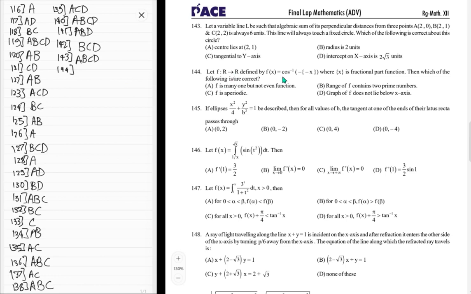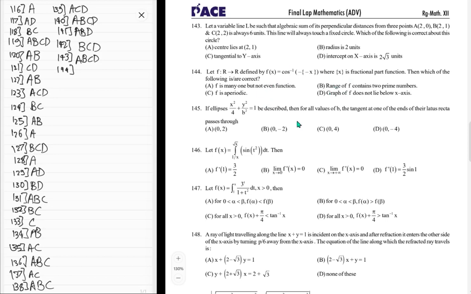Let f from real to real be defined by f of x equal to cosine inverse of negative fractional part. Which of the following is or are correct? F is many one but not... Okay, this is very easy. First of all, this is periodic, so we can directly say it's many one. Is this an even function?